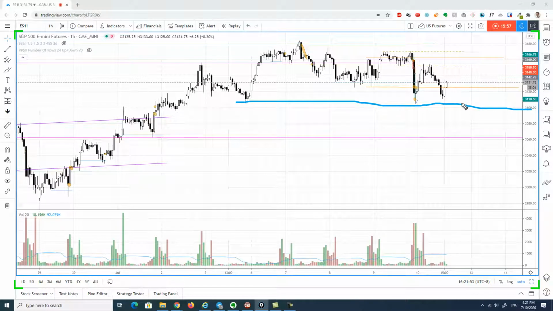There's a potential play around that level, or maybe you can just go up, swing down, maybe have another potential long entry again, or even this 3150 level could become some kind of resistance level, and you could potentially open some short positions there as well. So we'll just need to judge the price action of the market.